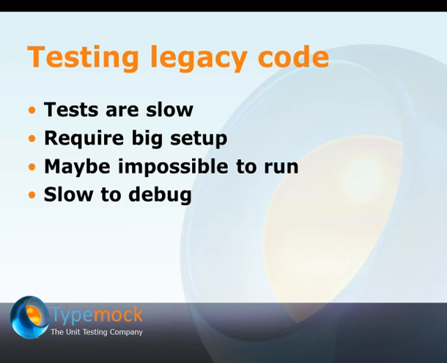By definition, these tests are slow. If we're going to call the code that calls the file system, or I don't know, a cloud interface, something like that, tests are going to be slow. We're going to talk about this later, but one of the things that make unit tests great is the ability to run them quickly.